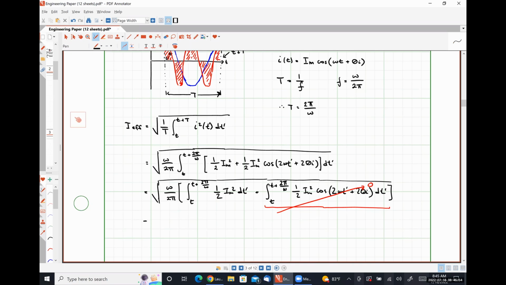And so in doing so, what we're going to have is the square root of omega over 2 pi times a factor of 1/2 Im squared times the integral from t to t plus 2 pi over omega of dt prime.